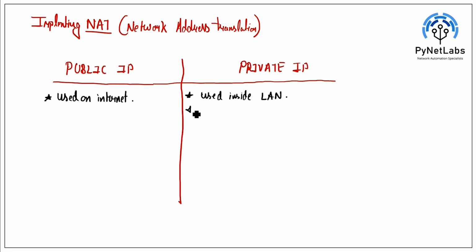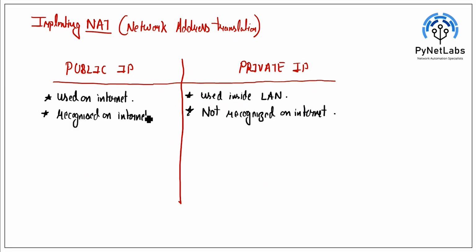This is the first thing, that these IPs are not going to be recognized over the internet. And when it comes to public IPs, these IPs are recognized on the internet. These IPs are routable over the internet, and we are making the communication today with the help of these public IPs only.